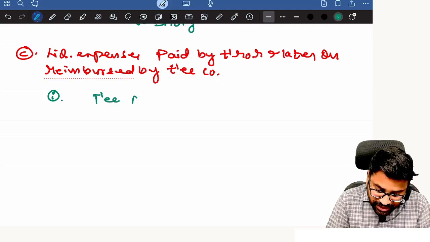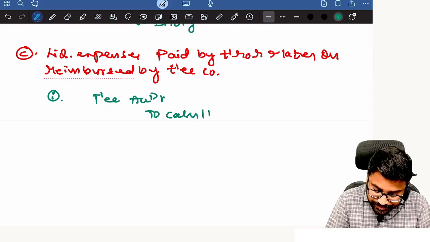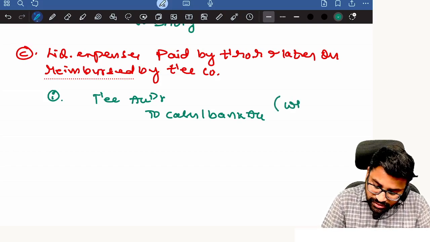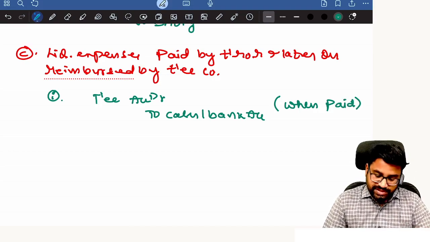So transferee company account debit to cash or bank, they will write. This is when they paid the expenses.